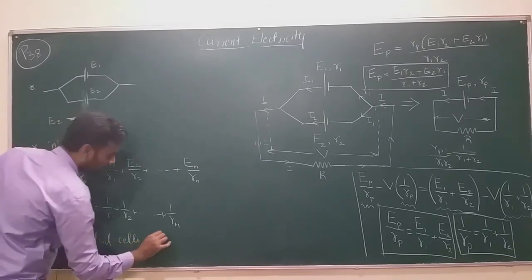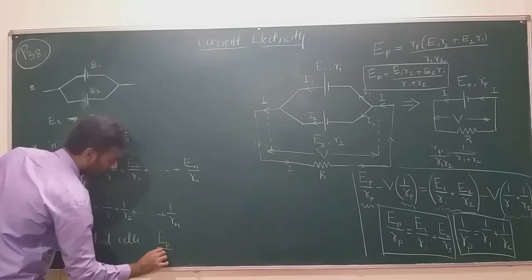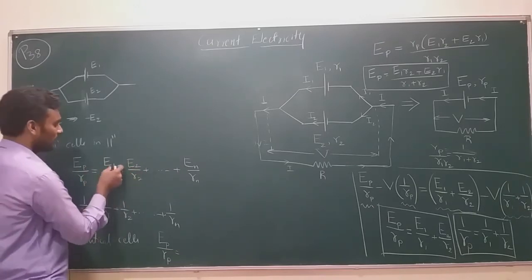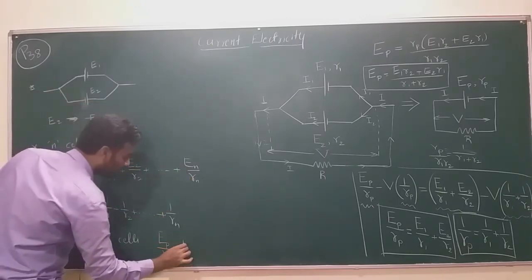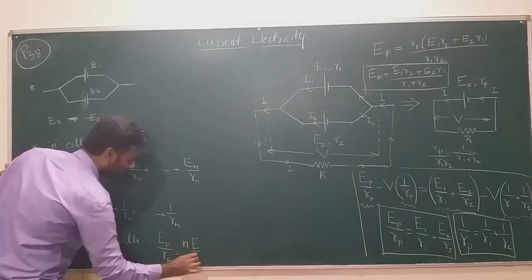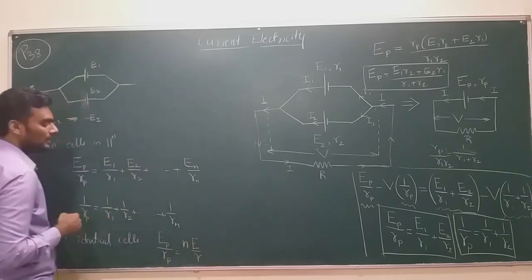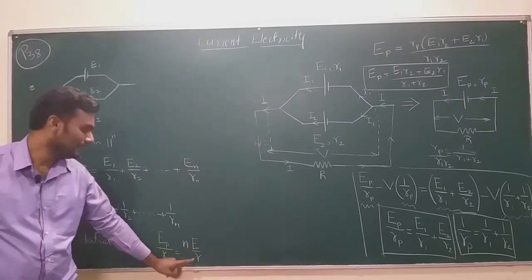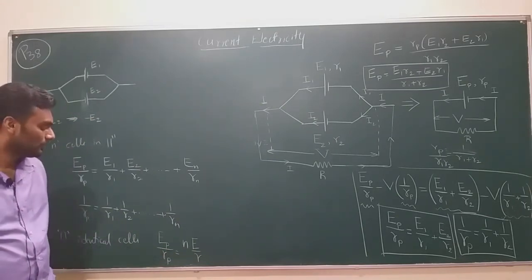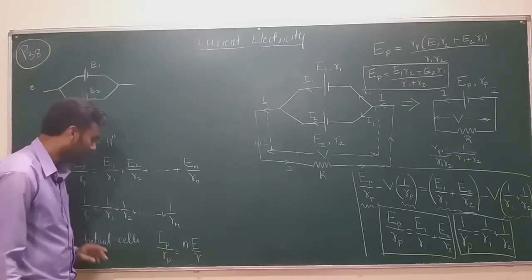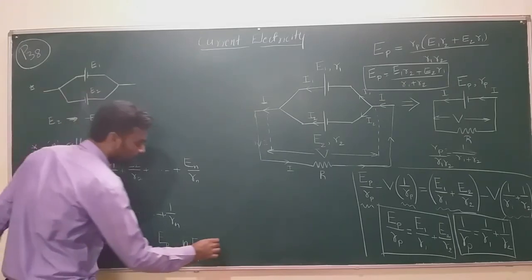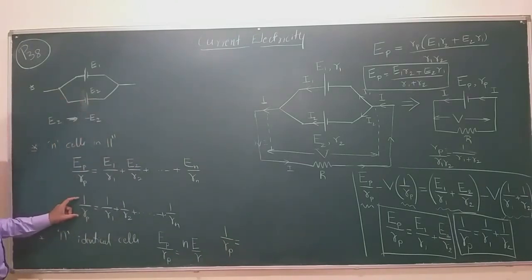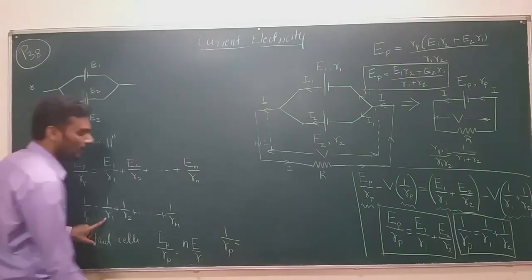We will have Ep by Rp is equal to, since all of them are identical, all these terms E1 by R1, E2 by R2 will be equal, and there will be n times E by R, where E is the EMF of each cell and R is the internal resistance of each cell. And using the expression of Rp, for n cells, what is 1 by Rp equal to? It is n by R, isn't it?